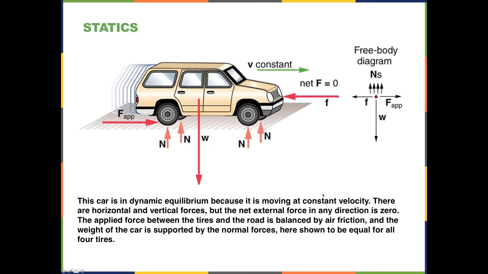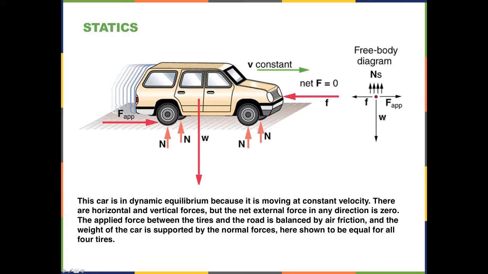In this case, there are both horizontal and vertical forces, but the net external force in any direction is equal to zero. This free body diagram shows that you have four normal forces, each normal force acting on each tire, and they are counterbalanced by the weight of the car. Similarly, the applied force that keeps the car moving forward is counterbalanced by the friction and air resistance, shown here as little f.